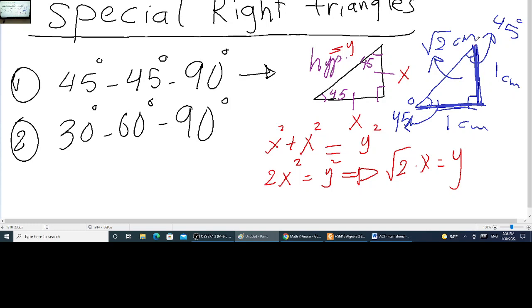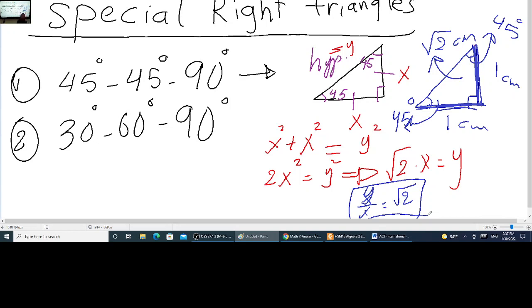Okay? So the ratio y over x equals the square root of 2. Okay?